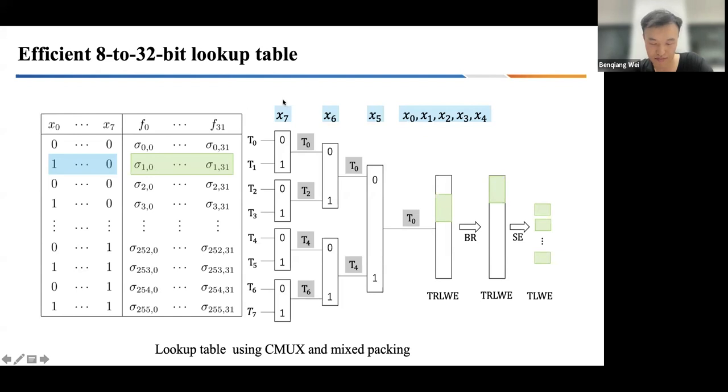So this means that the number of circuit bootstrappings would not increase, so the computational cost would hardly increase.